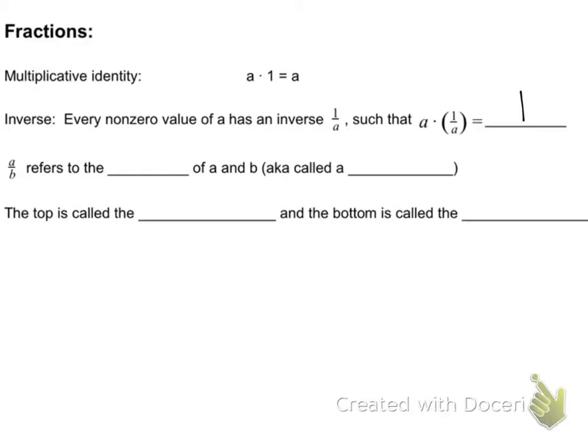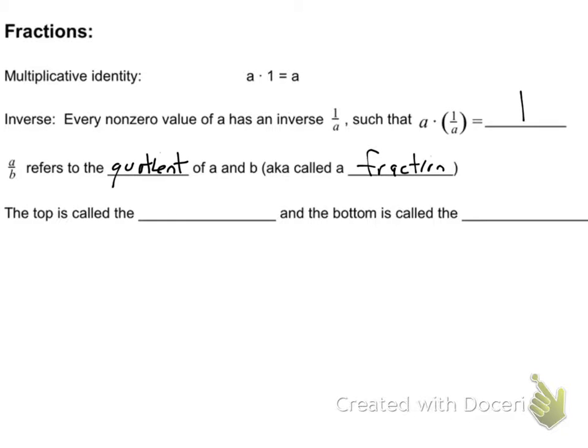It starts with the Q: quotient. So we have the quotient of A and B, aka what we call a fraction.